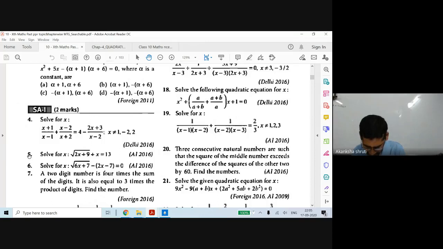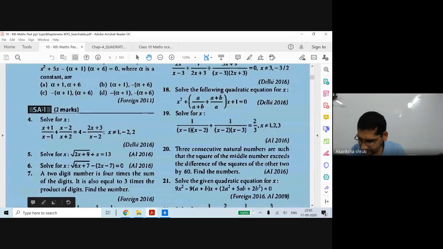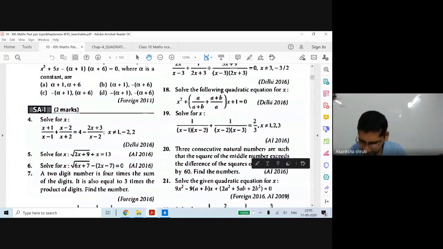So even for question number 5 or 6, you will ultimately get a quadratic equation, and that value of x you have to calculate either by factorization method or by quadratic formula method. So it is very simple, not difficult.